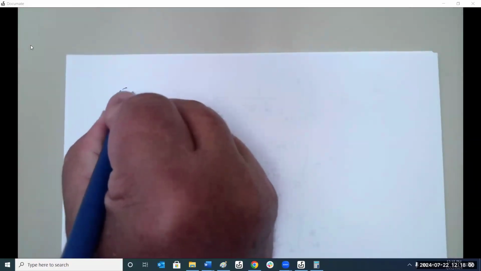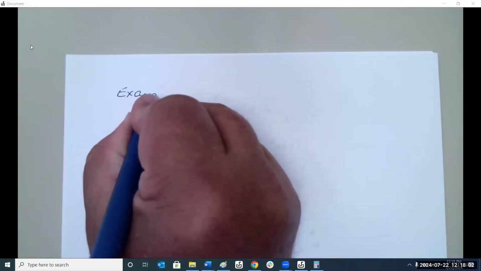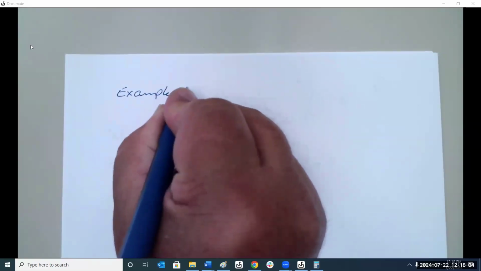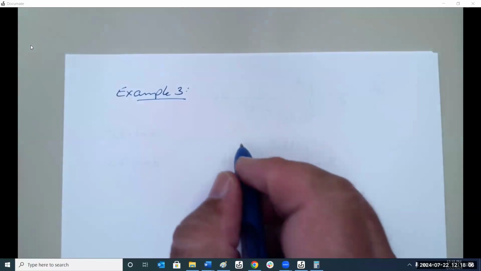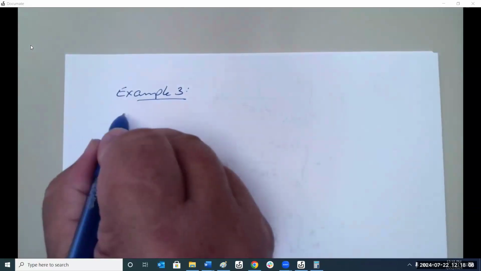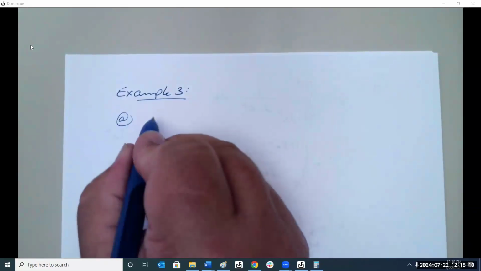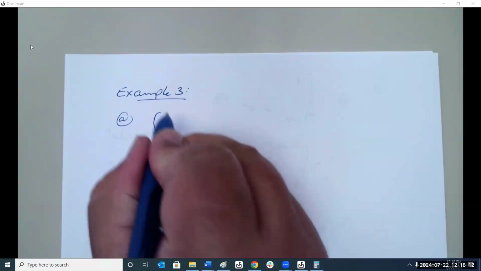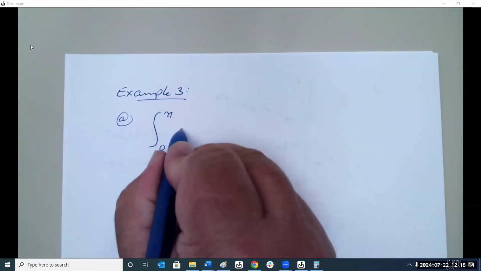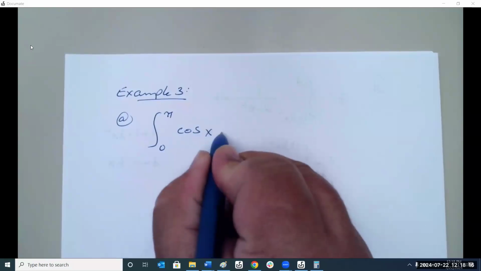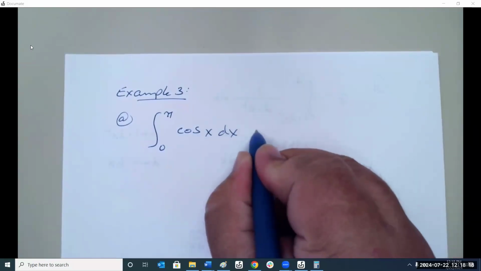Let's look at example 3. The integral from 0 to pi of cosine x dx.